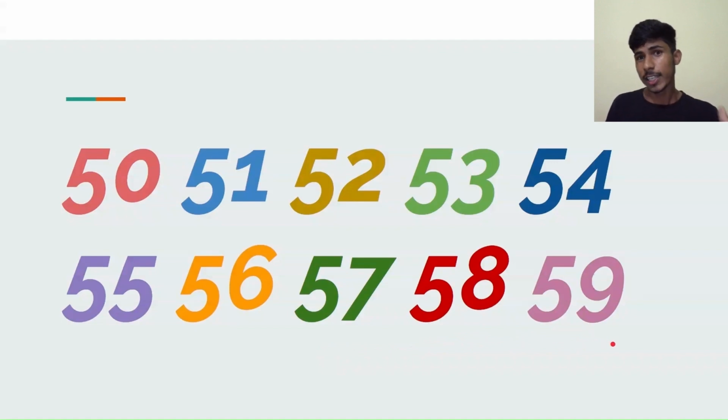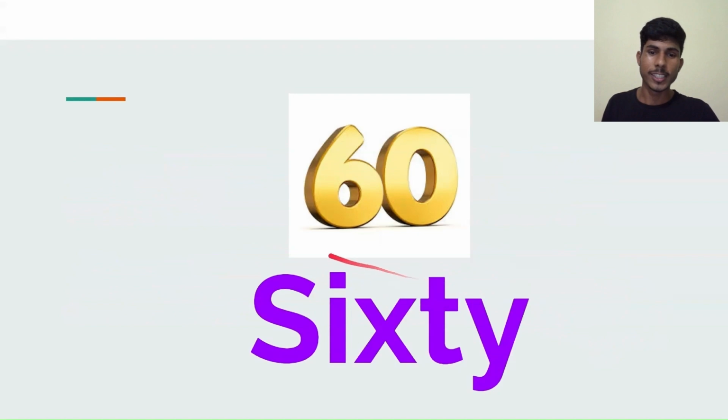Now again you can guess it very easily this time, isn't it? Just have to change this digit, and you have to start again from 0 to 9. So you will get from 60 to 69. So this is 60. You just need to change again this right digit from 0 to 9. You will get 61, 62, 63, 64, and all those numbers.